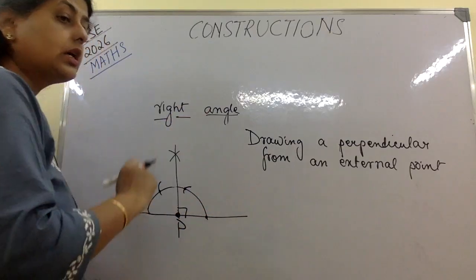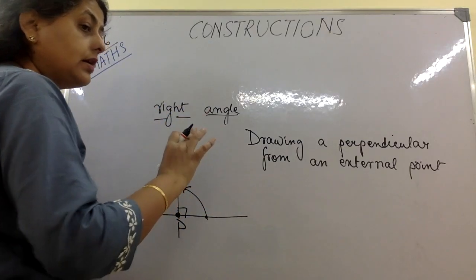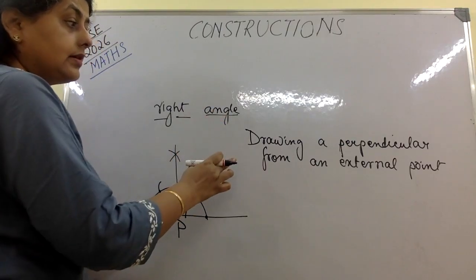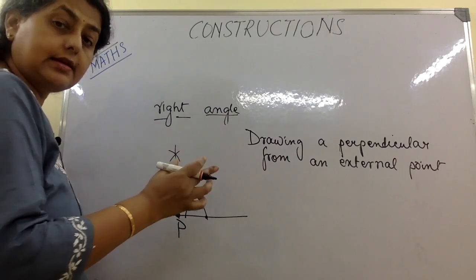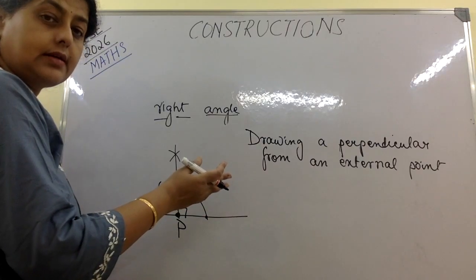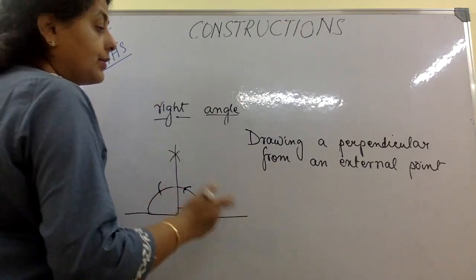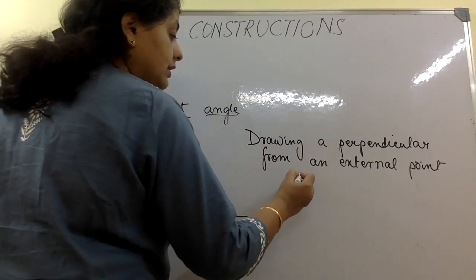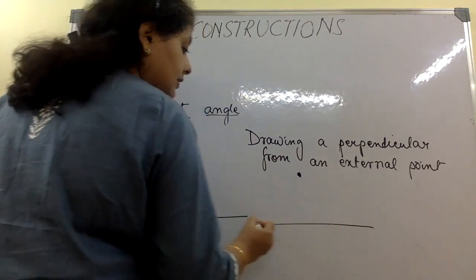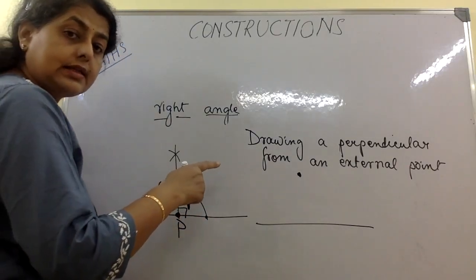This is what you need when you are drawing an incircle inside a hexagon or when you draw an incircle inside a triangle. Now you have a point here and you have a line here. Exactly this you had in that incircle thing.